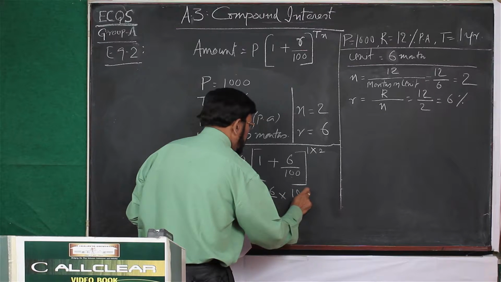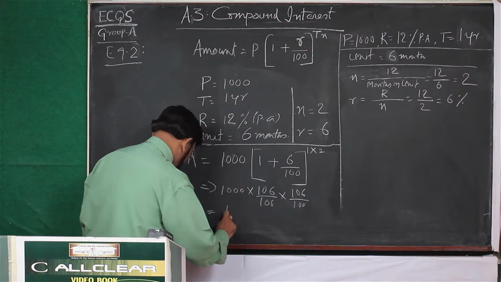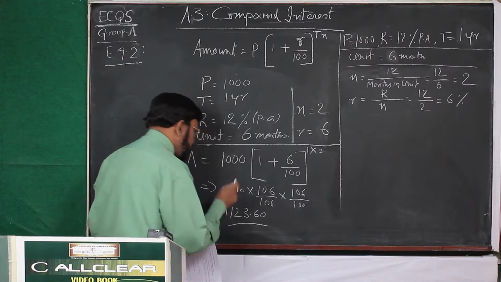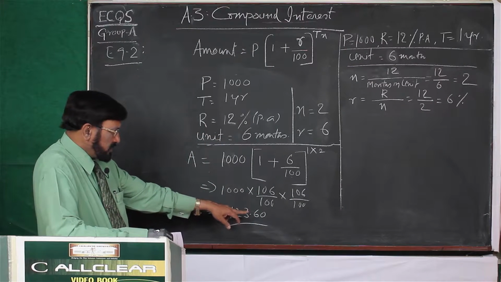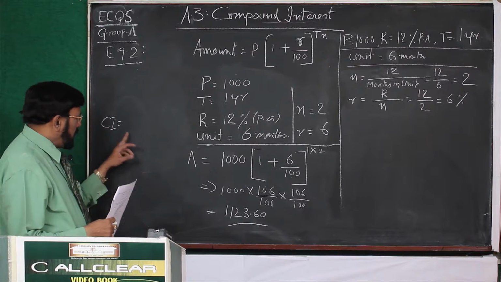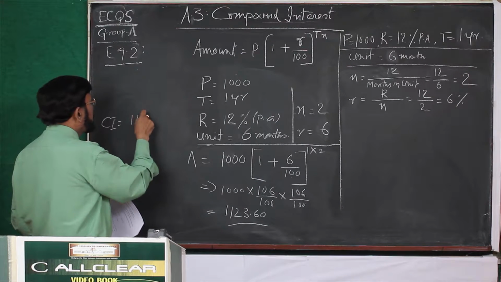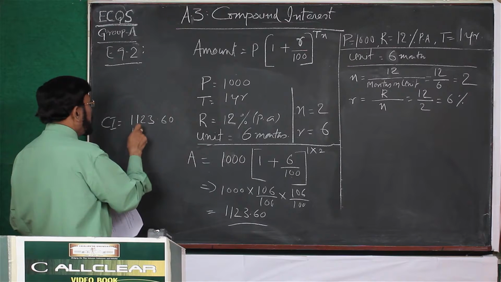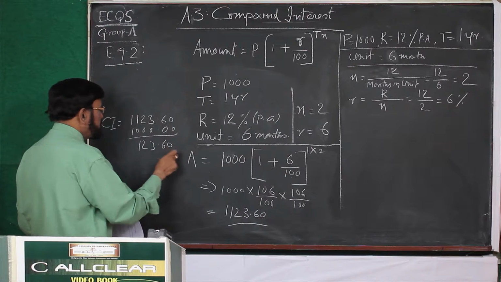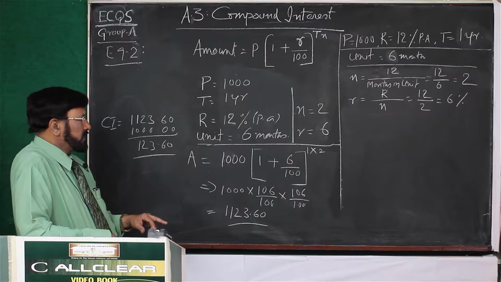So twice 106 by 100, then it amounts to 1123 rupees 60 paise. And if you want to know the compound interest element alone, then 1123 rupees 60 paise minus 1000 is equal to 123 rupees 60 paise.